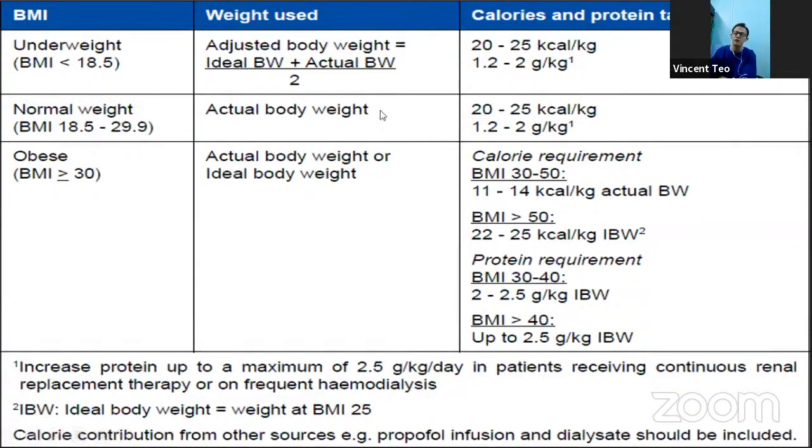If they are more than 50, which is a bit less common in our setting, although occasionally you do see a couple of those, that's when you use ideal body weight and give 20 to 25 kilocal per kg. And if you happen to be dealing with those 30 to 50, which is more common, you might actually just need to aim for 11 to 14 kilocal per kg, which is sufficient.